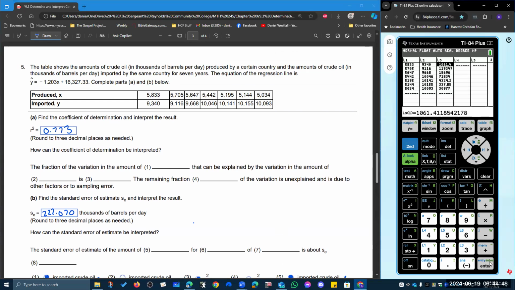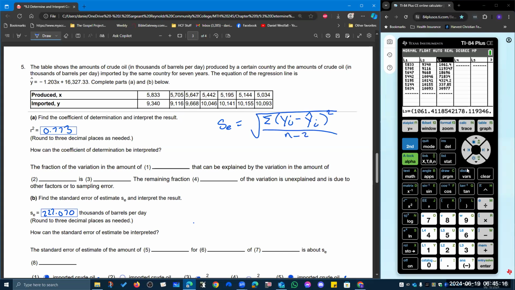So I came in here, stat, edit, and I want my values here to come from the equation S sub E equals the square root of the sum of the yi's minus the y hat i's squared over n minus 2. So let's see if I can get that typed in right here into the calculator. Clear enter. Hopefully I come up with the same list again.